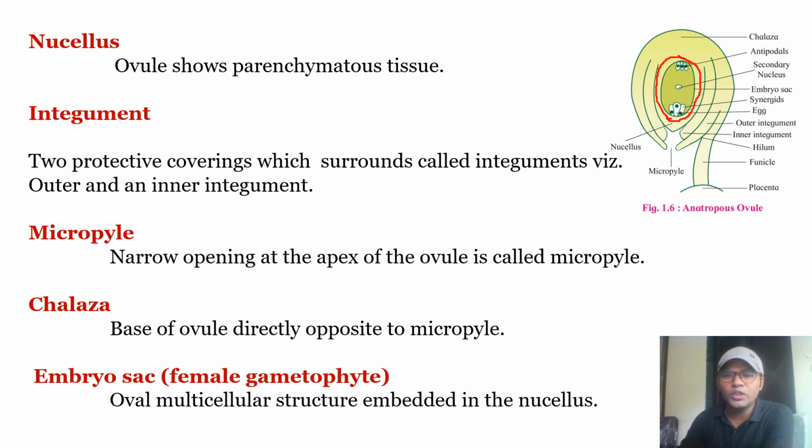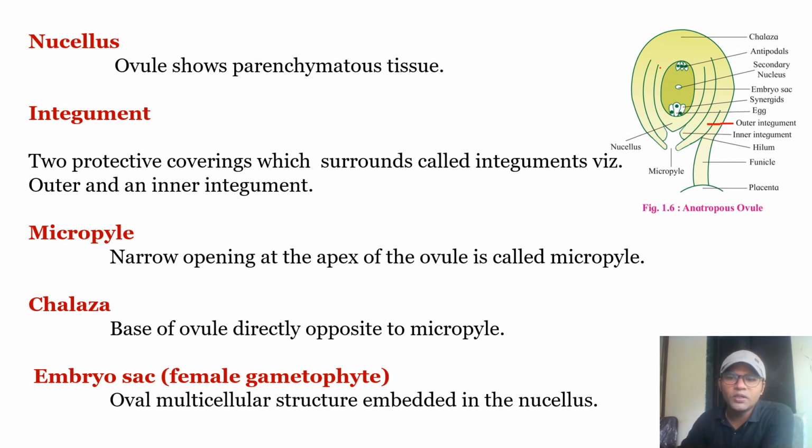So integuments. What are integuments? Integuments are nothing but the covering which surrounds the inner part, and the role is nothing but protection. Here you can see two integuments. This one is the outer and this one is the inner integument. Next is micropyle.